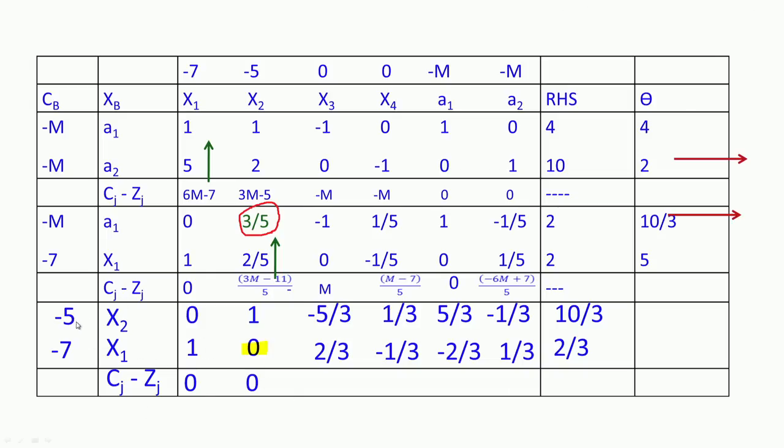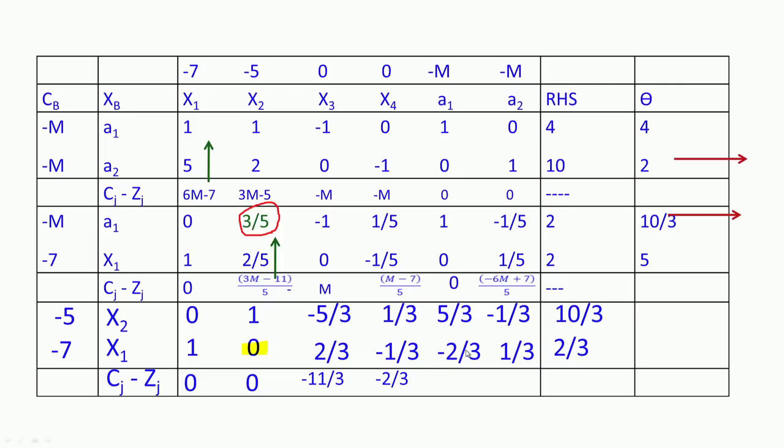Here it is plus 25 by 3 minus 14 by 3, which is plus 11 by 3. 0 minus 11 by 3 is minus 11 by 3. Here it is minus 5 by 3 plus 7 by 3, which is plus 2 by 3. So 0 minus 2 by 3 is minus 2 by 3. Now here it is minus 25 by 3 plus 14 by 3, which is minus 11 by 3.